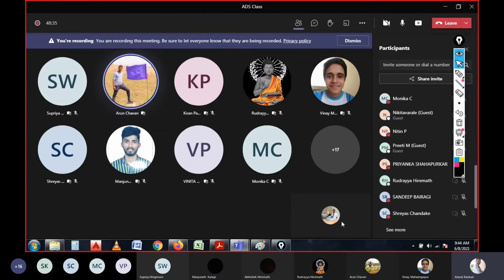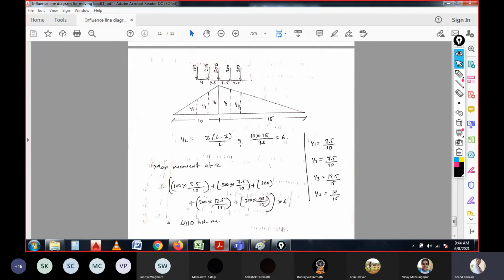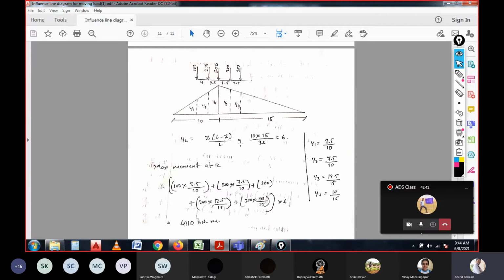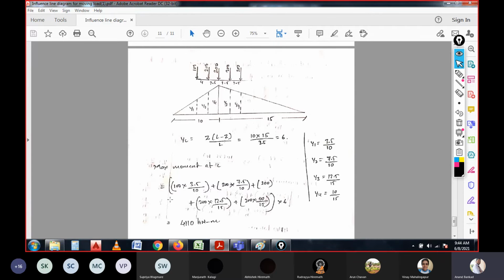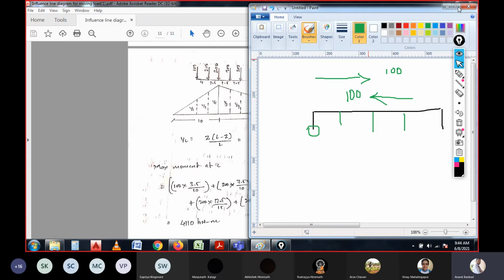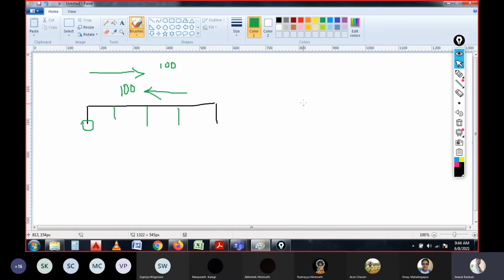Okay, anyhow. So I have just completed these moving loads for the beam, and here if you see in the question paper pattern, for beams there is a question, and for trusses there is a question. To calculate the maximum bending moment using the influence line diagram, ILD, there will be a question like this.